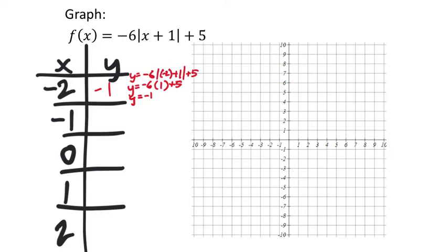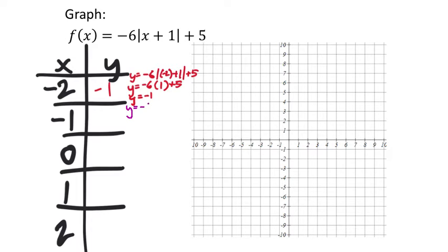On the last one it reflected, where -2 gave -1 and then 2 would also give -1. That's not going to be the case in this one because of all the adding and multiplying. So let's go to the next value and see what happens. Now my x value is -1.